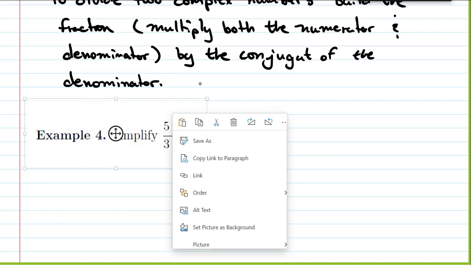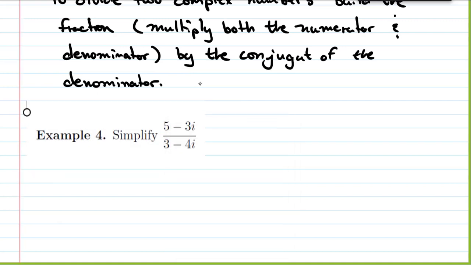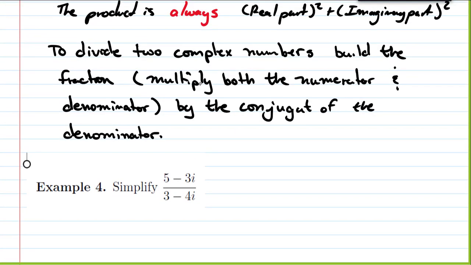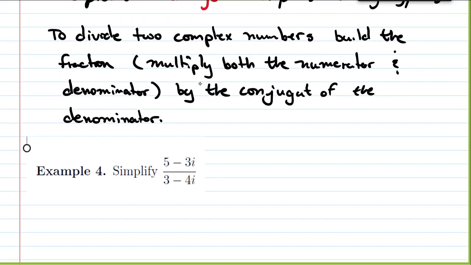So we want to simplify this, or divide 5 minus 3i by 3 minus 4i. So to divide two complex numbers, we multiply the numerator and the denominator by the conjugate of the denominator. So our denominator is 3 minus 4i, its conjugate is going to be 3 plus 4i.